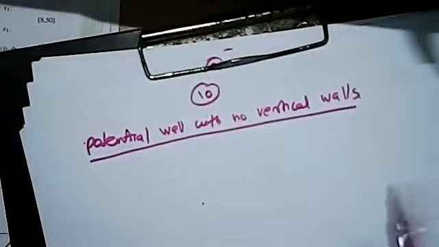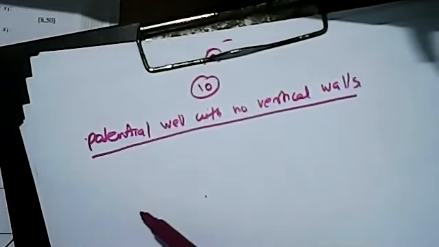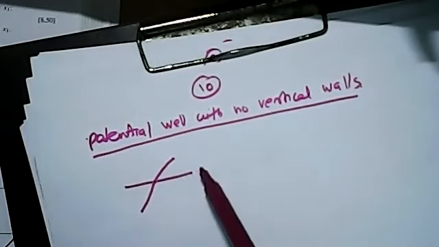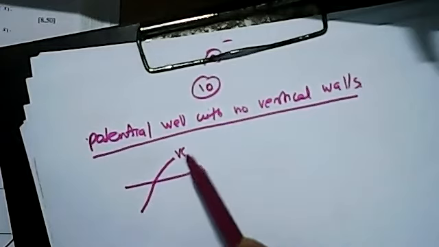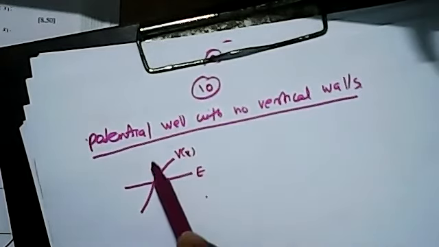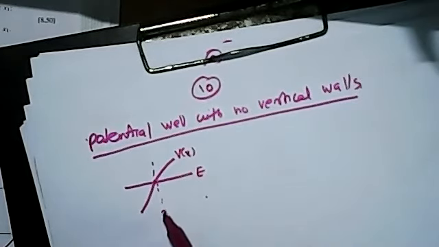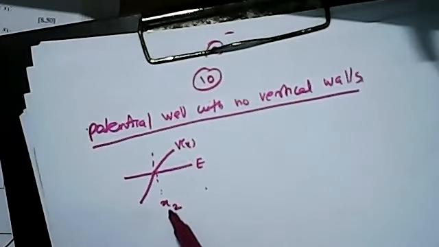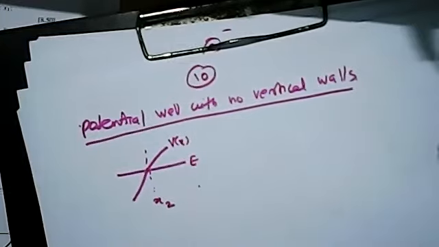It is a potential well. So we have already solved a potential like this. Okay, this is energy, this is V of x, and at this point we called it x2. This is x2 we have used in the previous expressions.